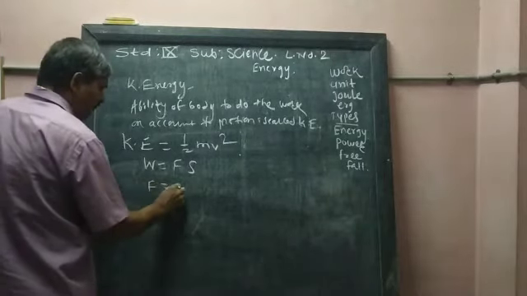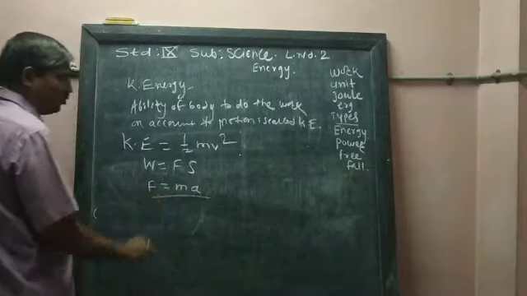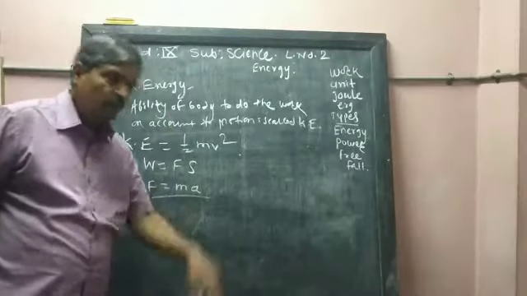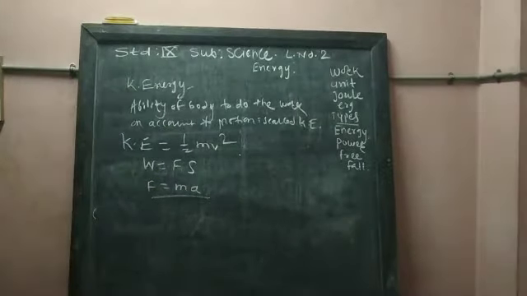Force means F is equal to mass into acceleration, F is equal to ma. Why? Because whenever force is applied, after applying the force, body is displaced and therefore F is equal to ma is the formula. Then what is meant by displacement?